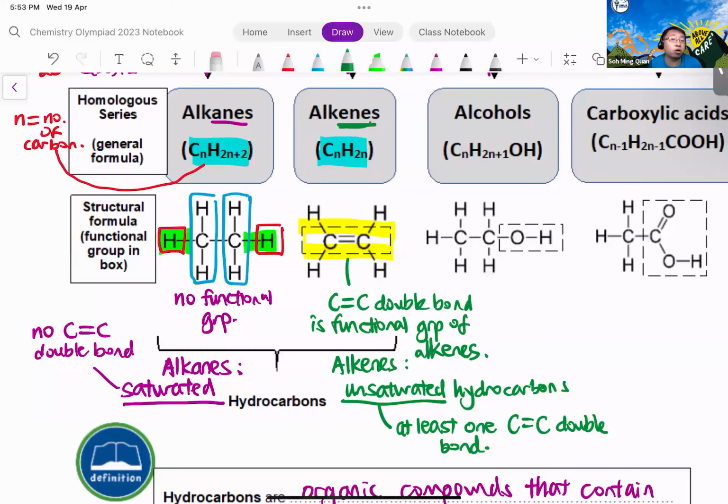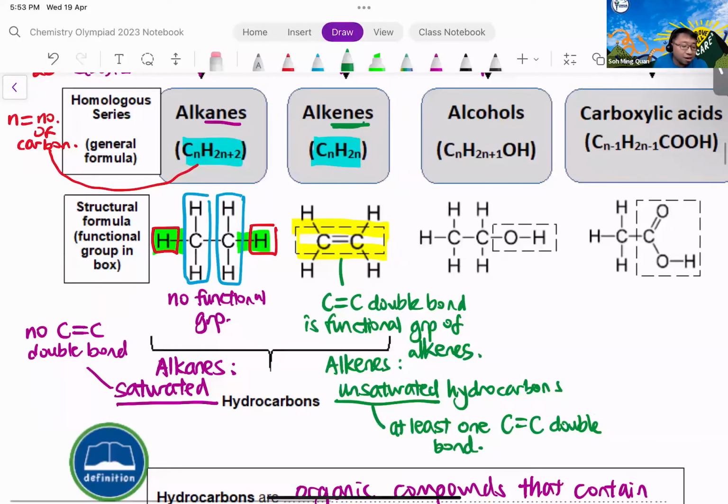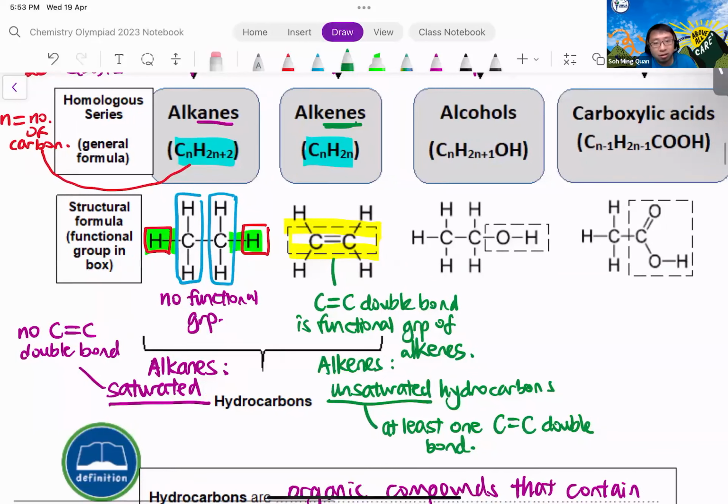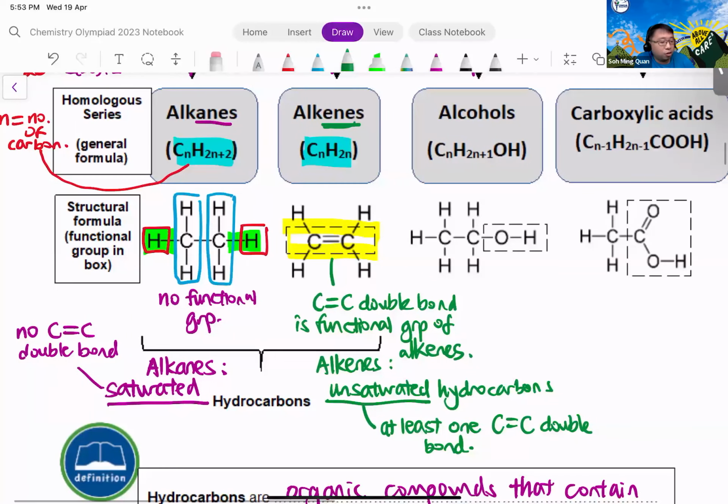And then we move on to alcohols. Alcohols are interesting. Alcohol is CnH2n plus 1 OH. The functional group, as you can imagine, is OH. So far you would have learned OH minus, which is part of an ion, the hydroxide ion.